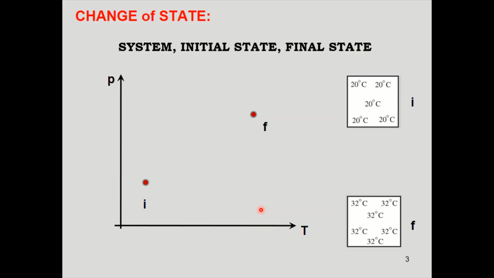So change of state took place for that system. This change of state will be termed a process, a thermodynamic process. The change of state means change of any properties of any system.